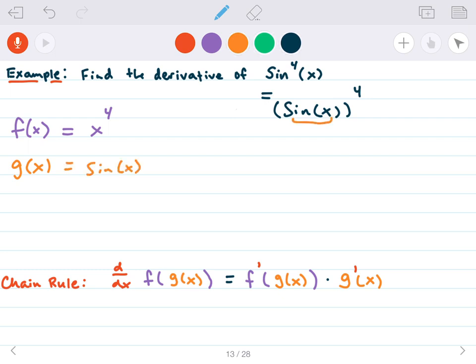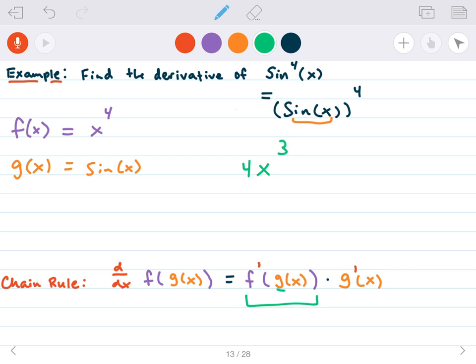Now let's use the chain rule. All right, so first thing we're going to do is the derivative of the outside. And once we take the derivative, we want to leave in g for x, for our variable. So the derivative of f is just going to be 4x to the 3rd using the power rule.